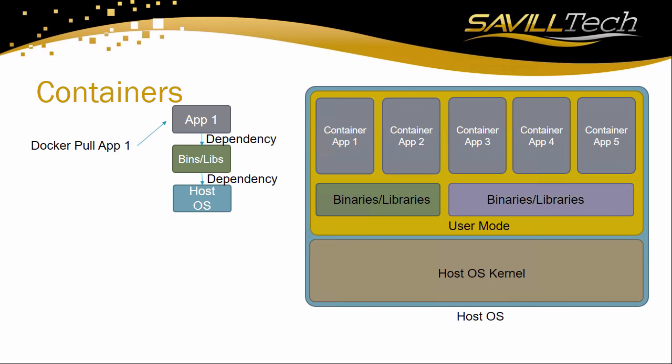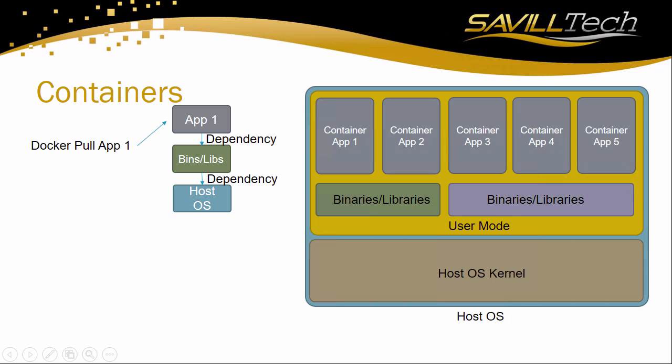I have an application which has a dependency on some libraries, some binaries, which has a dependency on the underlying host OS. And so on a single OS instance, that container host, I have my kernel, and I have the user mode space with different containers of binaries and libraries that can coexist because they're isolated from each other.